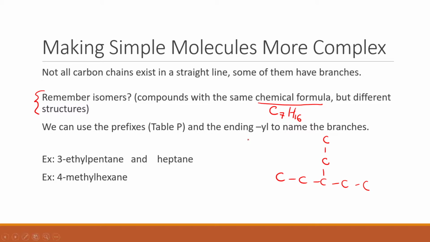When we're looking at naming a branch, we're going to use the prefixes that we had before, the prefixes on table P, and we're going to use the suffix yl to name the branch, instead of the ending from table Q. So, for example, if we're looking at this structure, we have 5 carbons all single bonded together.